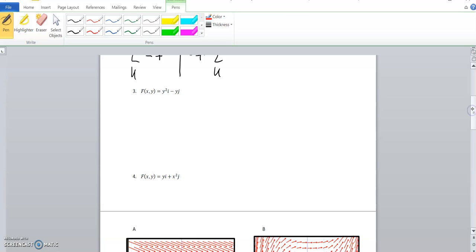Number 3. All right, y squared minus y. So now the original x was positive, but we don't really need to worry about what happened to x in any quadrant because all we're evaluating is our original y. So the new x term looks at our original y and squares it.